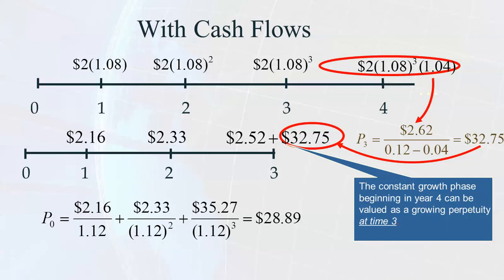So the key here is to solve backward. Find the price of the stock when the dividend starts getting constant, and add that expected price to that year's dividend income. Then just use a financial calculator or your Excel spreadsheet to find the present value.